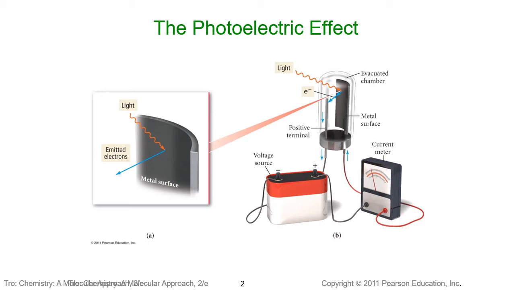If that light is at the correct frequency, it will hit an electron and make it jump off of the metal surface and be attracted to a positive terminal connected to a battery, and we can actually read the current that is produced from shining light onto this metal.